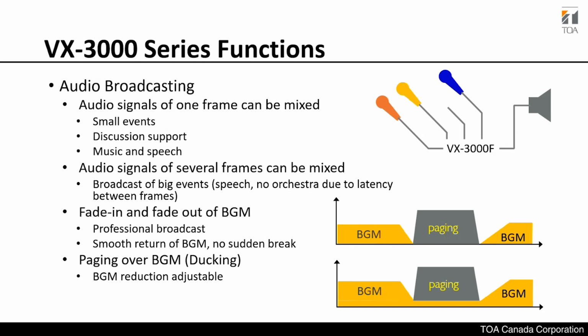I think the VX3000 is about half that, the 42 or 46. Don't remember off the top of my head. But of course, the quality of the audio is still significant compared to, say, your run-of-the-mill paging system, which works on G711, which is very much elevator music.